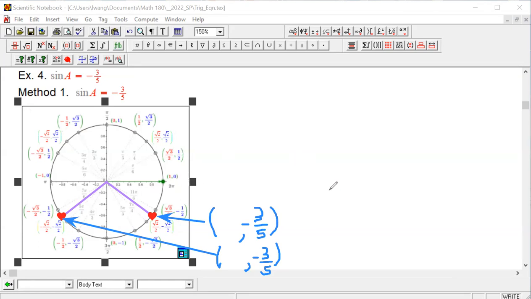You use the Pythagorean theorem, and because the hypotenuse is one and we know the blue, -3/5, we can find the red if you want to.